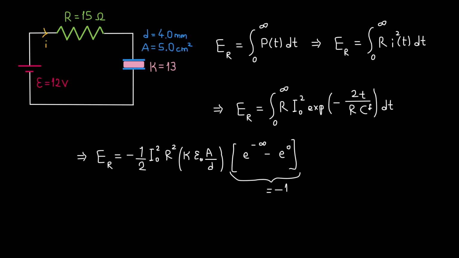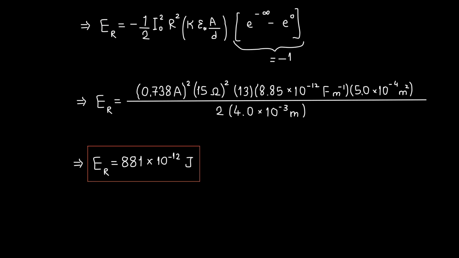The integral is going to be very similar to the previous one, except that the exponential is now being squared, meaning the argument of the exponential gets a factor of 2. And instead of the EMF times I0, we have R times I0 squared. And here's the numerical result for energy dissipated at the resistor, 881 picojoules.